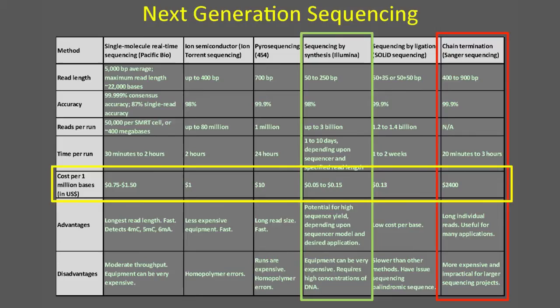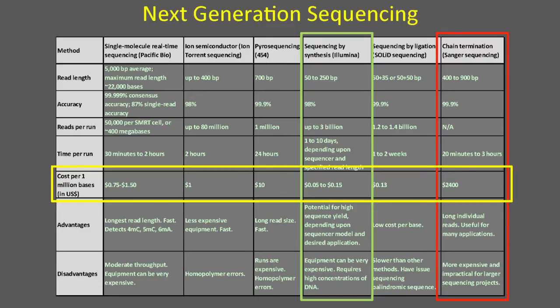And with keeping that in mind, and you look at the costs of doing this, it's really interesting that if you would say, I want to sequence 1 million base pairs, which is quite a lot if you study a single gene, but it's not that much if you are looking at whole genomes. For traditional sequencing, you would have to spend almost $2,500.